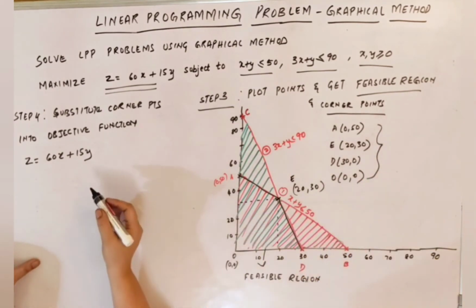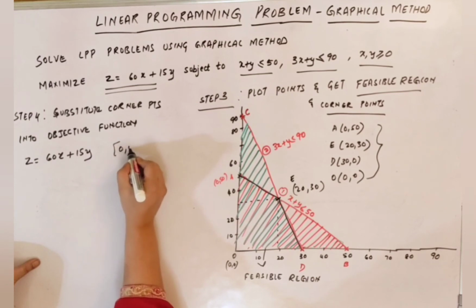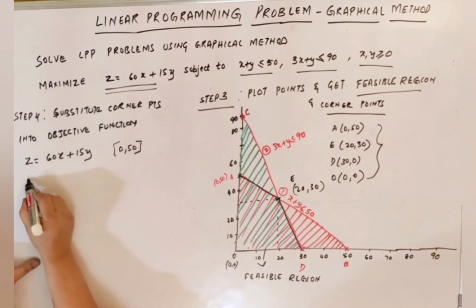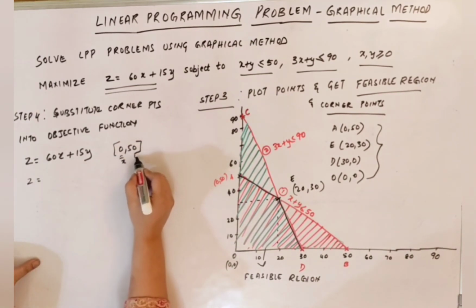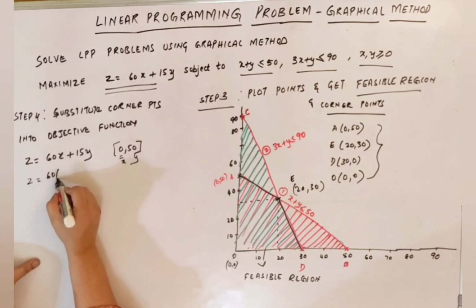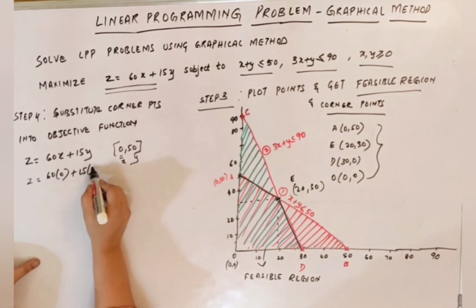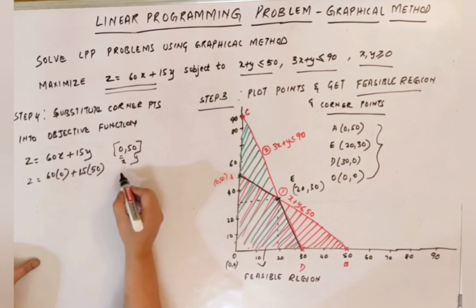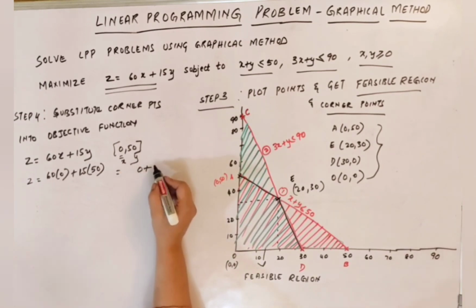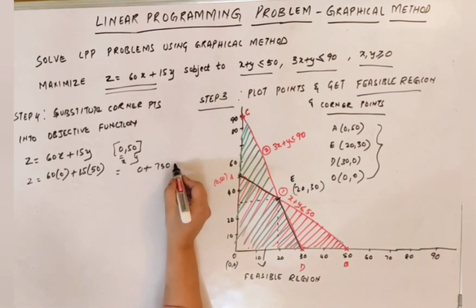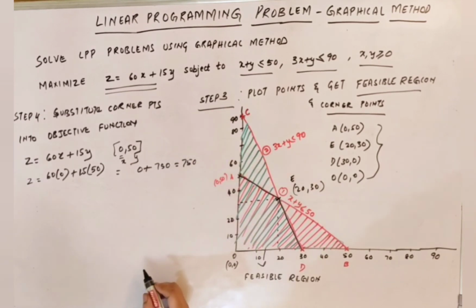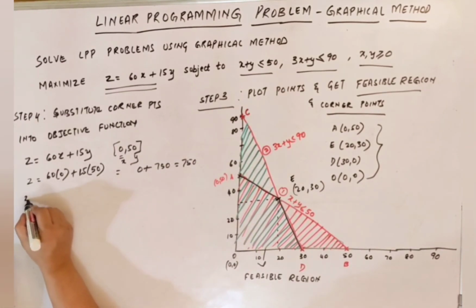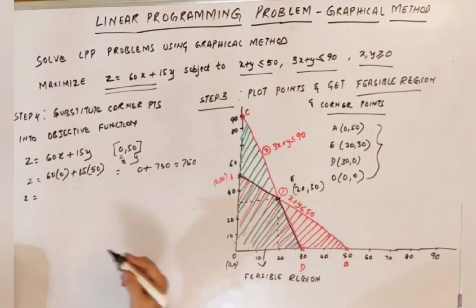Now let's take the first point 0, 50. We'll take this as x and this as y. So 60 into 0 plus 15 into 50. What do we get? 0 plus 750. So the answer is 750.